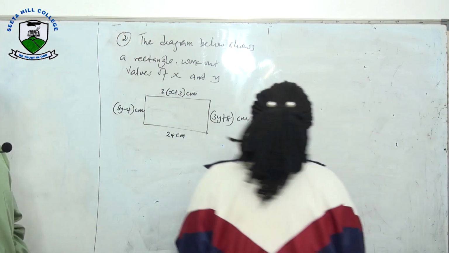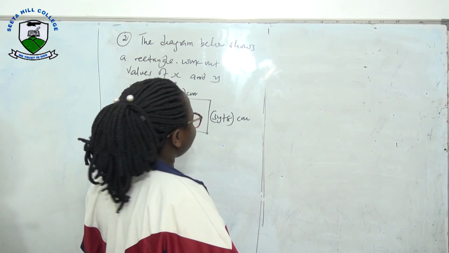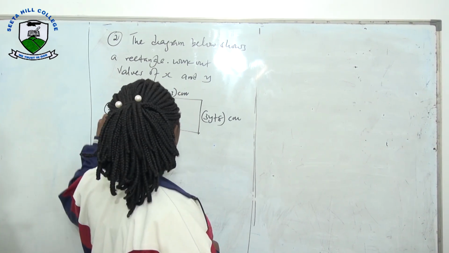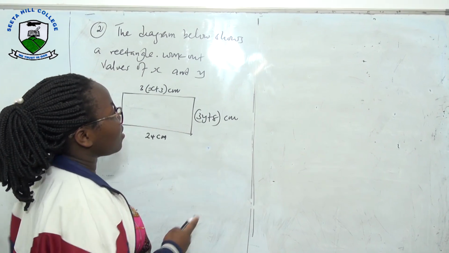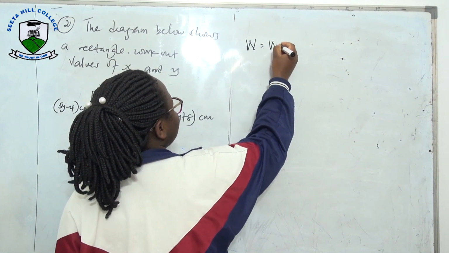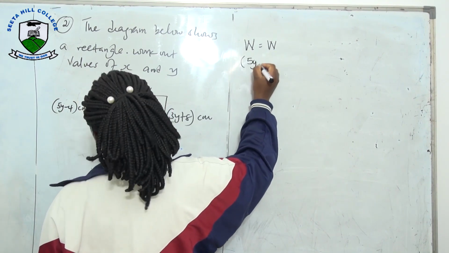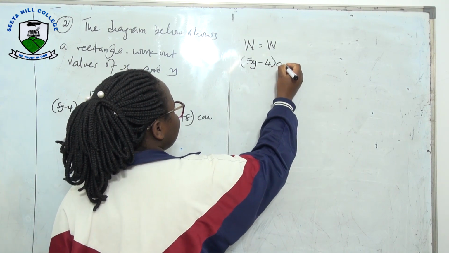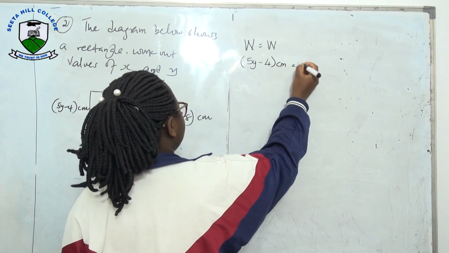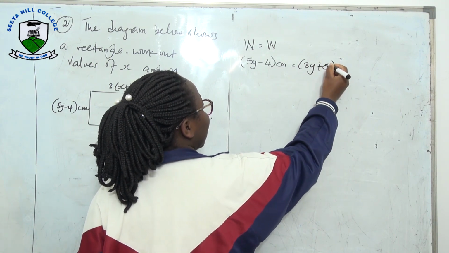You are free. Okay, fine, we shall work in the very simple way we worked it out. As she said, length is equal to length. So this is the width. So the widths are equal. So it will be width is equal to width. And then meaning 5y minus 4 centimeters is equal to 3y plus 8 centimeters.